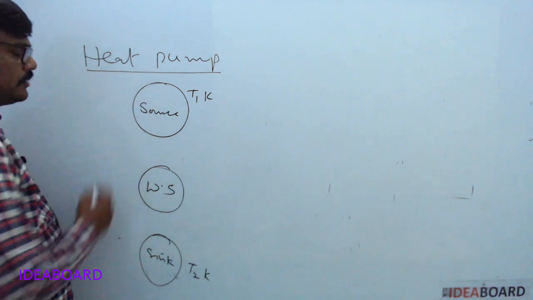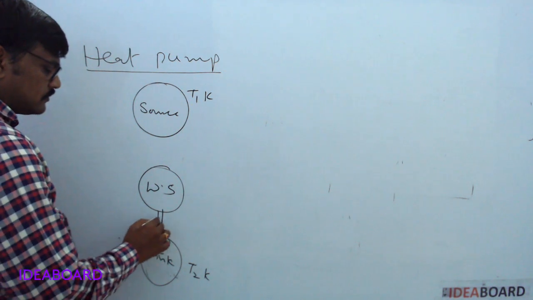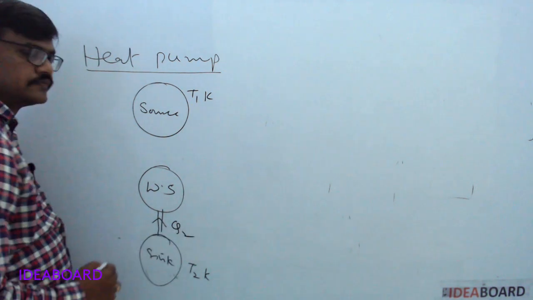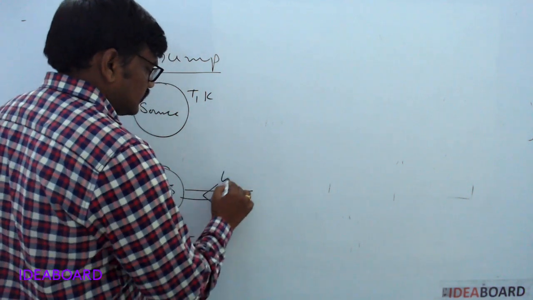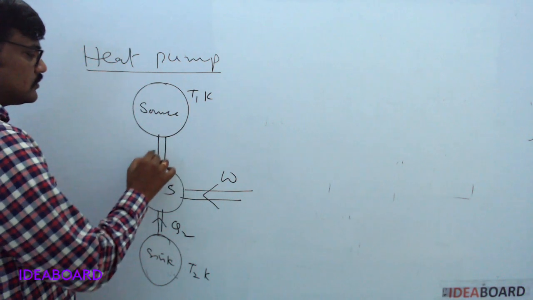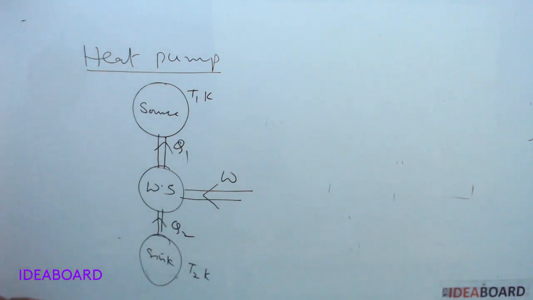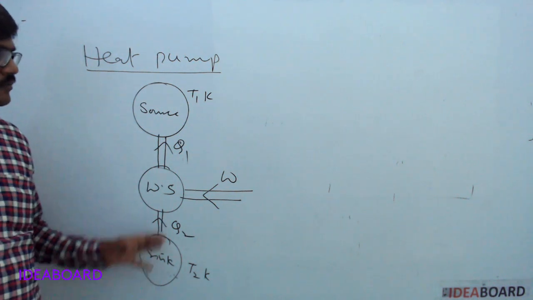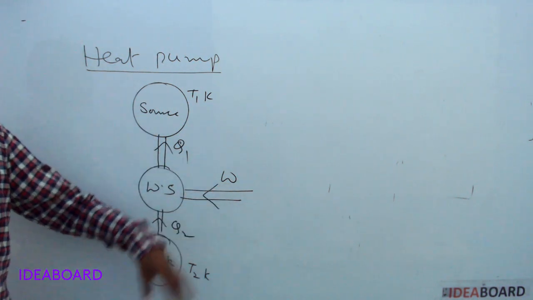Now in this heat pump or refrigerator, it will draw the heat Q2 from the sink, and by means of some external work, this will be transferred to the source. Means here heat will be transferred from a low temperature body to a high temperature body by means of some external agency.